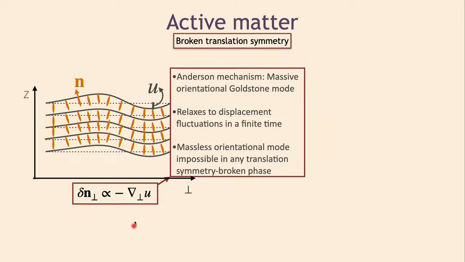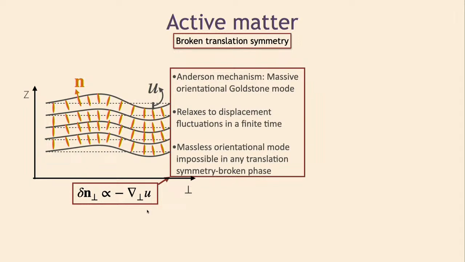But you know that in equilibrium, a free energy cannot contain delta n perp squared because of rotation symmetry. And because delta n perp is proportional to del perp u, you know that in a smectic, a free energy cannot contain del perp u squared, which means a smectic cannot have a tension.